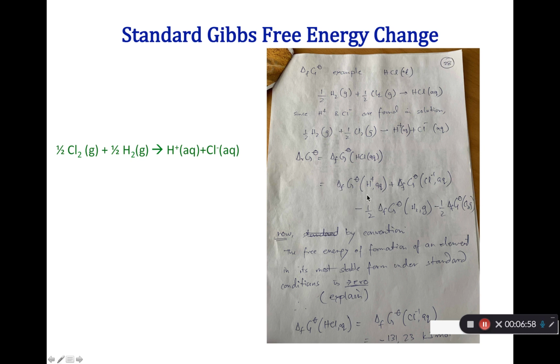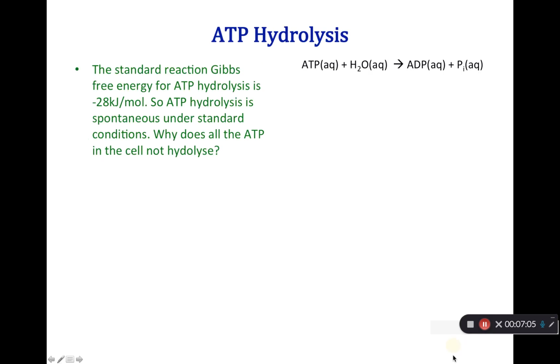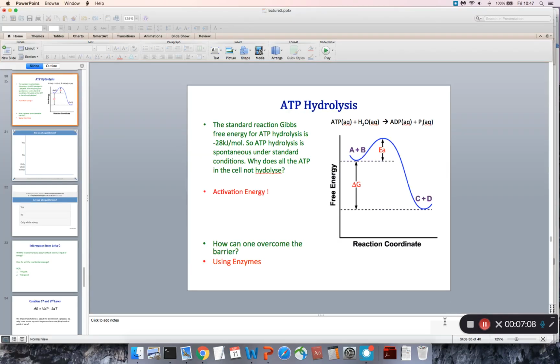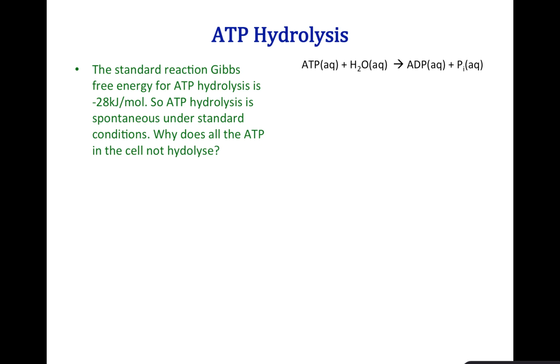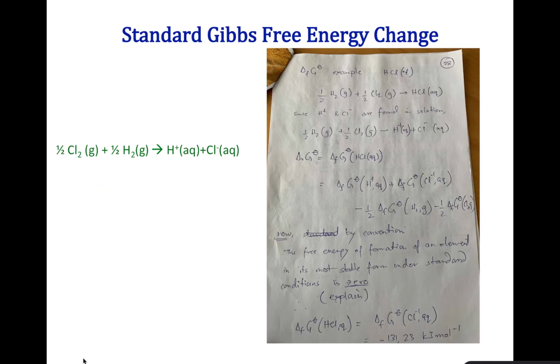I also said that the special case is given to protons. So this term is also 0. So essentially, the standard Gibbs free energy of formation of hydrochloric acid is simply the standard Gibbs free energy of formation of the chloride anion, and this is minus 131.23 kilojoules per mole, and this can be obtained from standard tables.